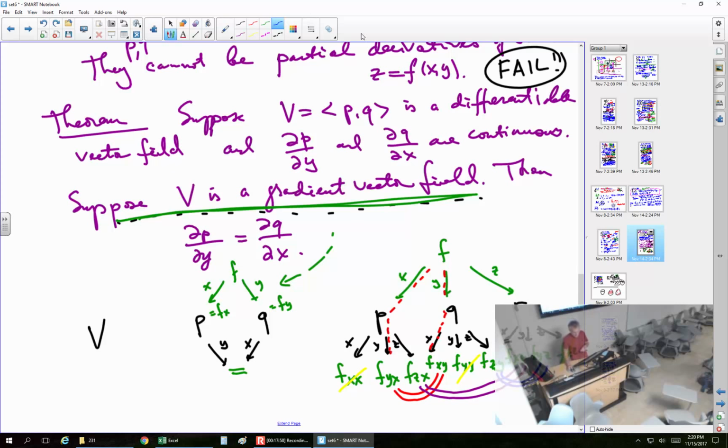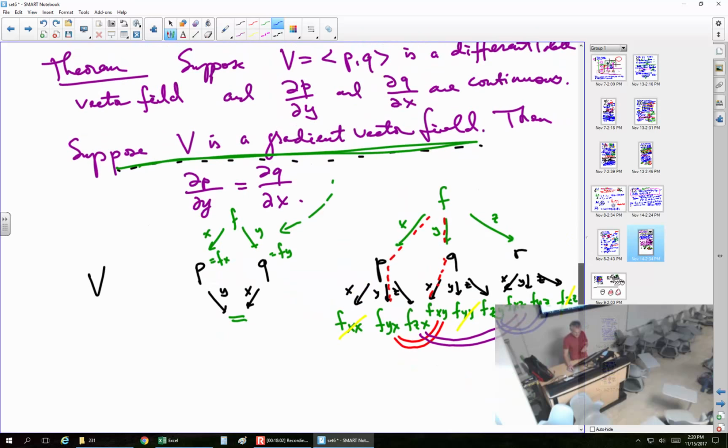Okay. And so let me just write the conclusion based on those three equalities. So the three-dimensional vector field, if it is a gradient vector field, is made of P, Q, and R. Then this is what I have. The conditions will be dP/dy... Well, let me use the same colors.